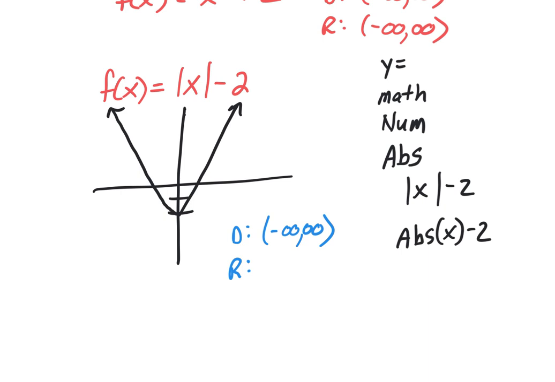So -2 is the low point of the graph, and it goes upwards to infinity. Okay, any questions on calculator there? You guys, everybody find that all right?